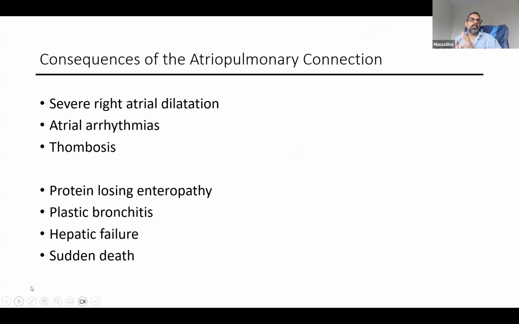So, what were the consequences of Fontan's atriopulmonary connection? So, firstly, as time went on, because of the pressures, there was a development of severe right atrial dilatation, with resultant atrial arrhythmias. As the atrial wall expanded, there was more tendency to develop atrial arrhythmias, and as the atrium expanded it was also more passive.